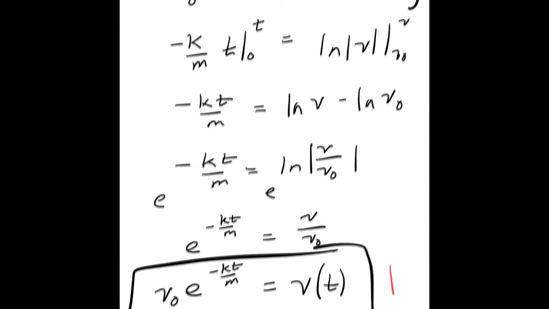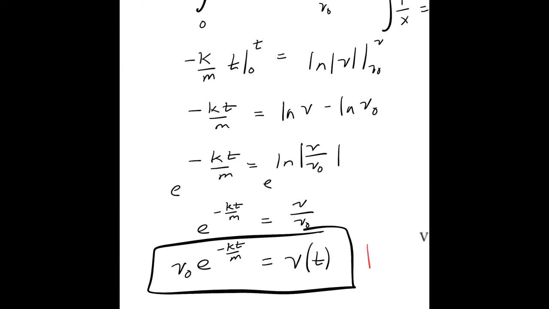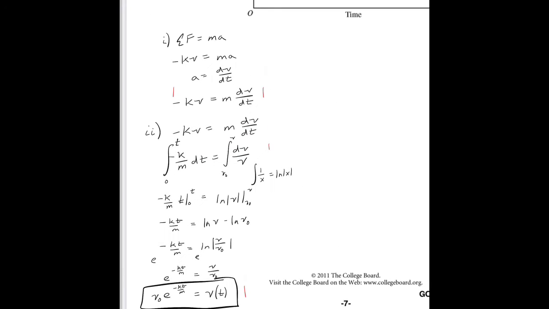To get an idea of what this is going to look like, we're going to want to take the derivative of the expression that we just got. So we got this expression for v down here. So I'm going to take the derivative of this to get an idea of what our acceleration is going to look like. Let's make this part 3.